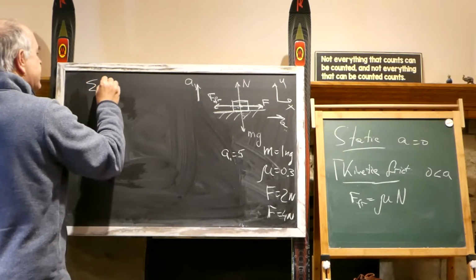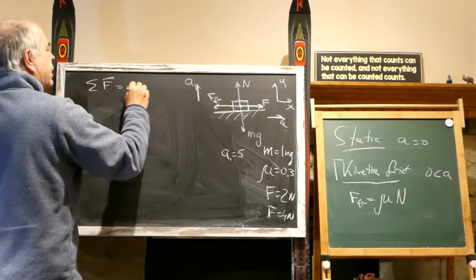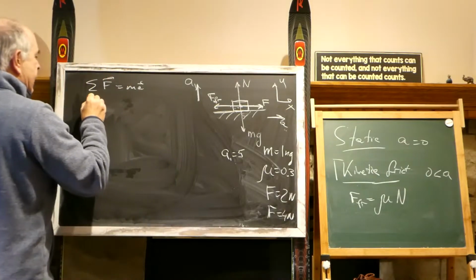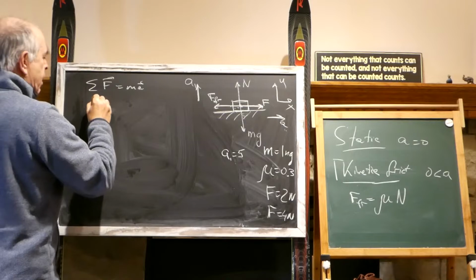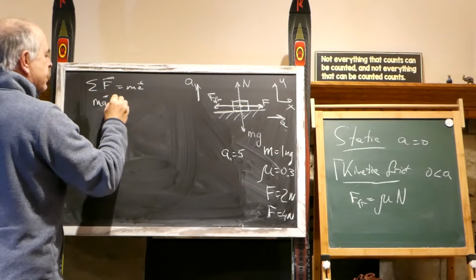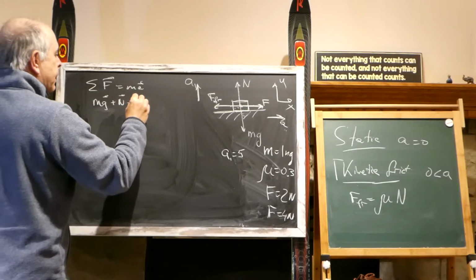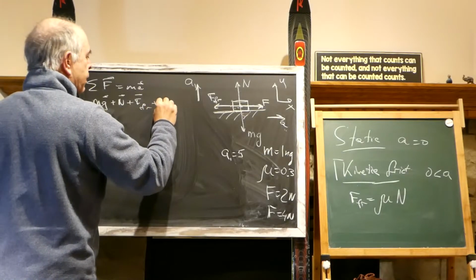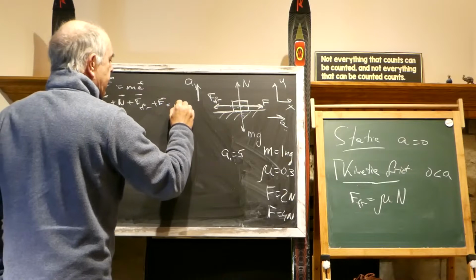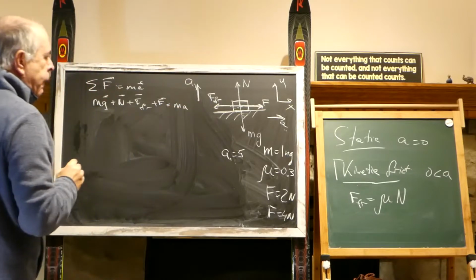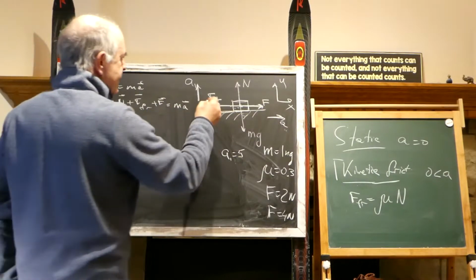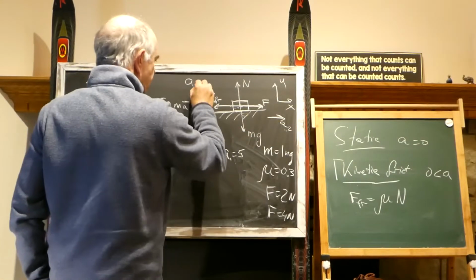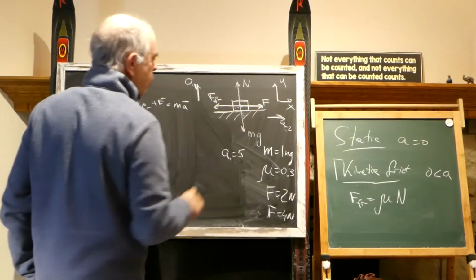So, as always, the sum of all forces equals ma. A is the total acceleration. In this particular case, we have, as always, mg vector plus N vector plus F friction vector plus F vector equals ma vector. And let's say that this is A1 and this is A2. And so A1 is given and A2 they want to find out.